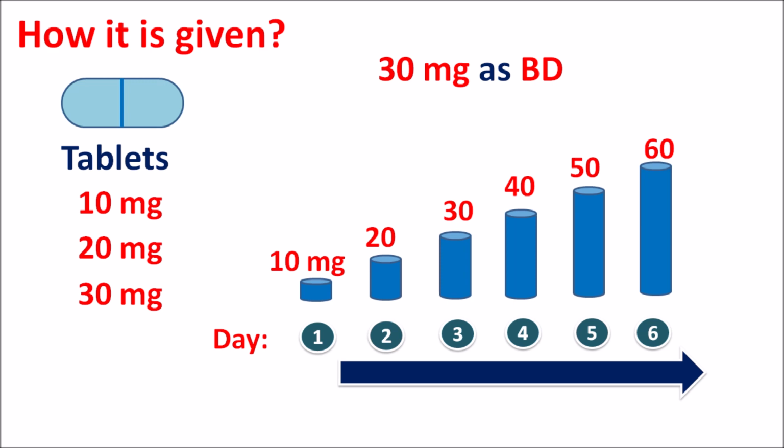Similarly, on the third day, 10 mg in the morning and 20 mg at bedtime. In this way, the dose is going to be divided, and the final dose is 60 mg given as divided doses. This slow escalation of the drug may reduce the gastrointestinal side effects within the first week of treatment.